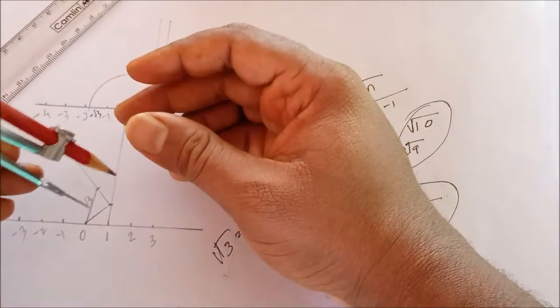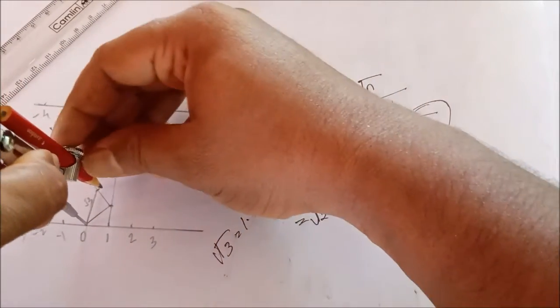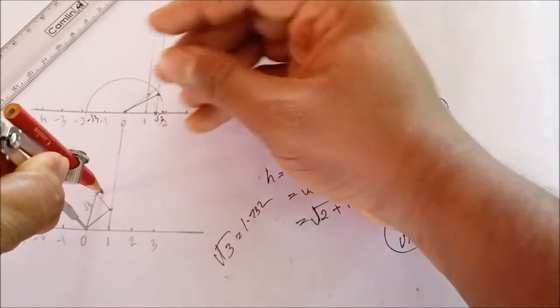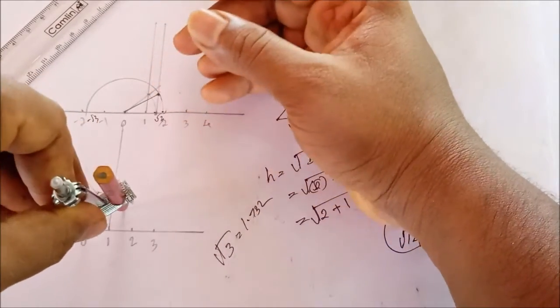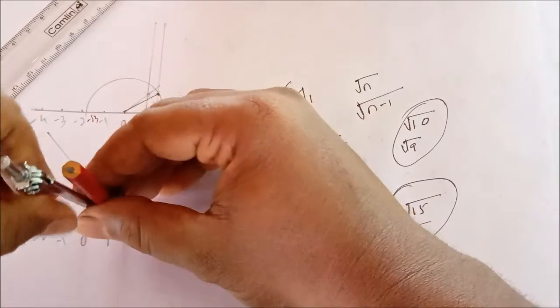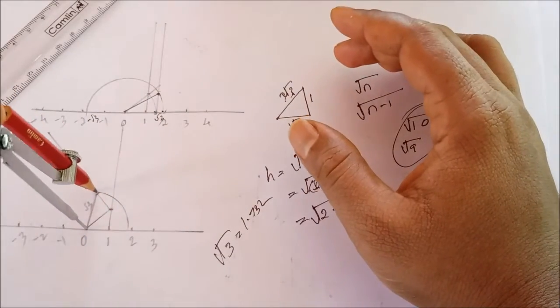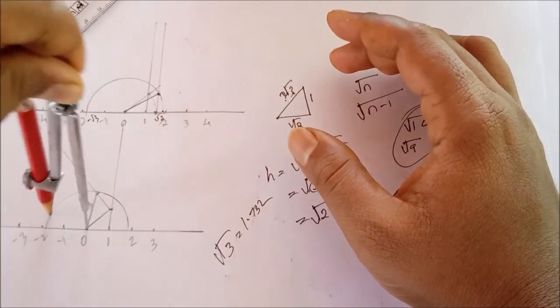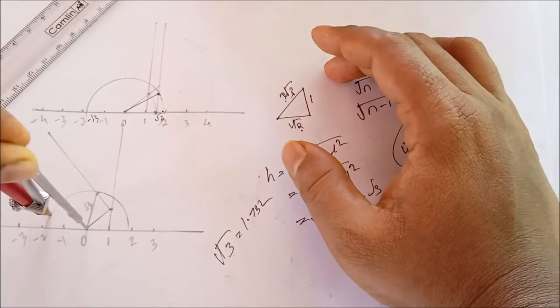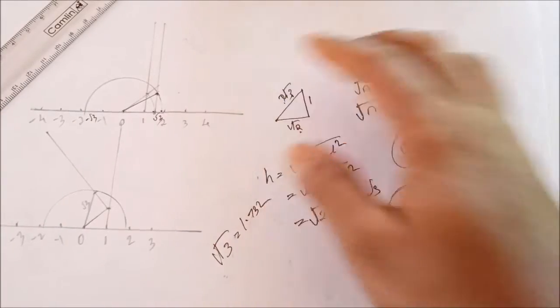So we are transferring that root 3 to the number line. That's correct. Okay, this is root 3.